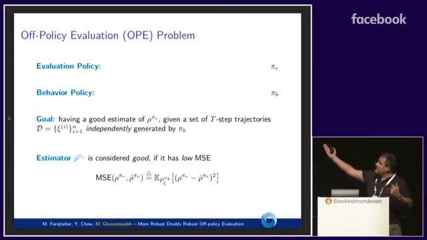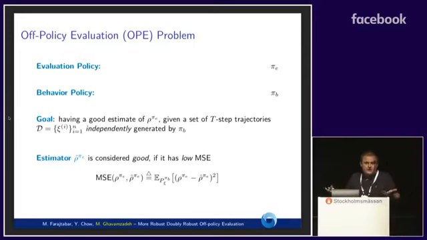We call this estimator rho hat pi-e, and an estimator is considered good here if it has a low mean square error. Since mean square error is bias plus variance, if you have an unbiased estimator, low MSE is basically low variance. And this has a lot of applications, especially in industry.